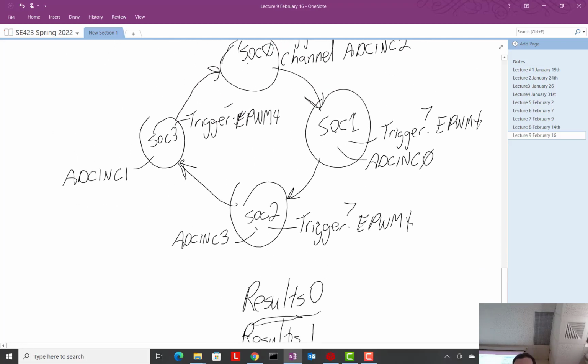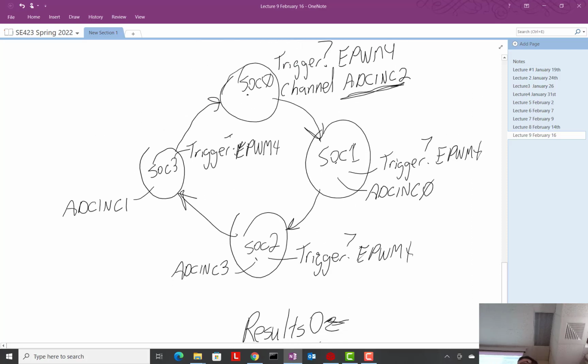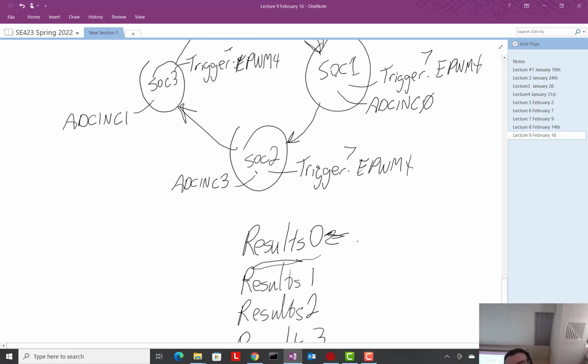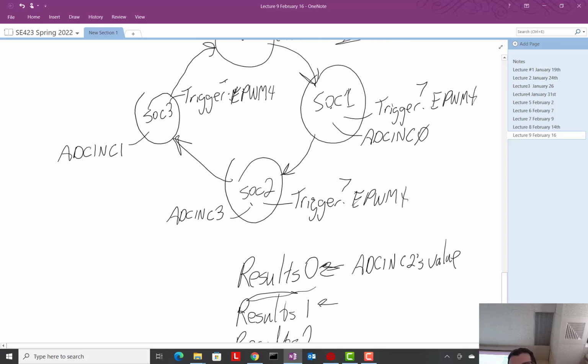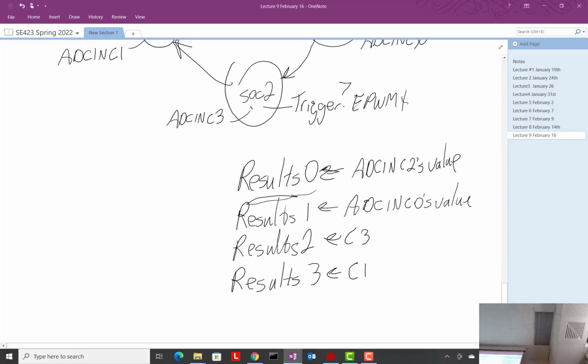The voltage coming in on pin ADCIN C2 will be in results 0. The 0 here is in relation to the SOC, not in relation to the channel. So this has ADCIN C2's value, the voltage on that pin, and this one has ADCIN C0's value. And of course, C3's value here and C1's value here in the little example I did.